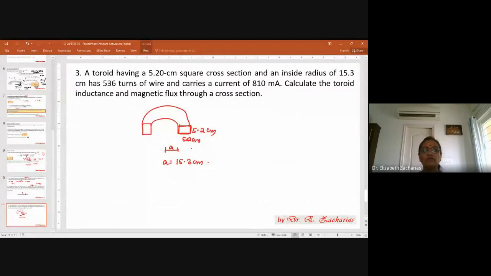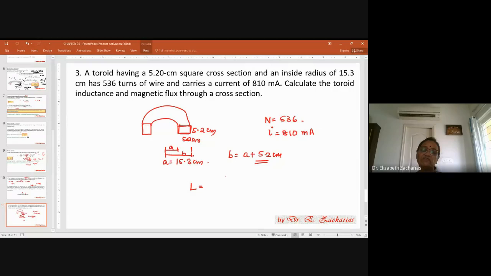Obviously, you can find out what is the outer radius. B will be equal to A plus 5.2 centimeter. So that's not difficult. Next, it has got 536 turns and carries a current of 810 milliampere. Calculate the inductance.